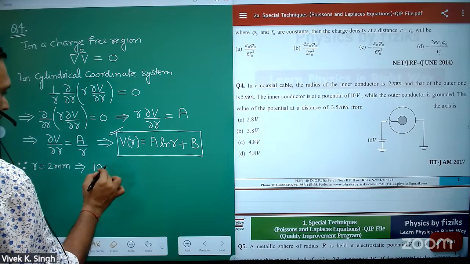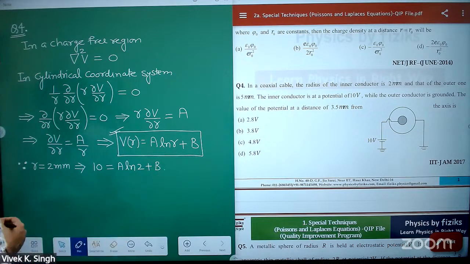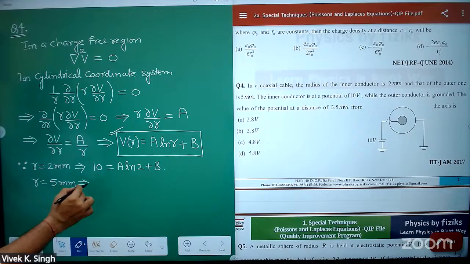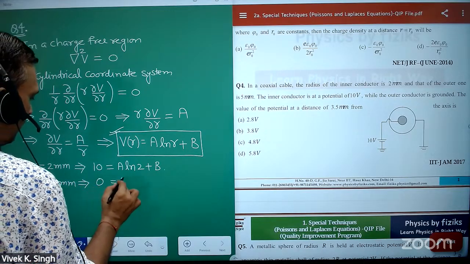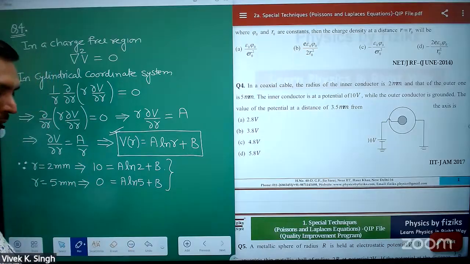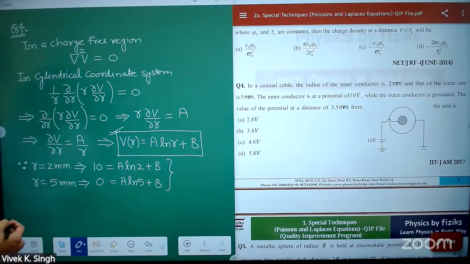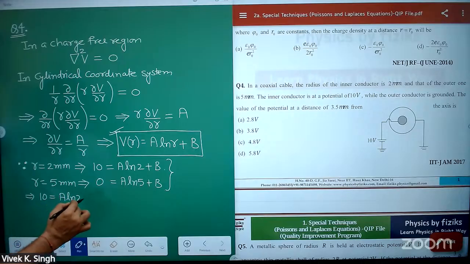So this will be 10 volt equals A ln 2 plus B. And when R is equal to 5 mm, potential will be 0, which is A ln 5 plus B. Now you have to solve these two equations for A and B. If you subtract, this will give you 10 is A ln 2 minus A ln 5.